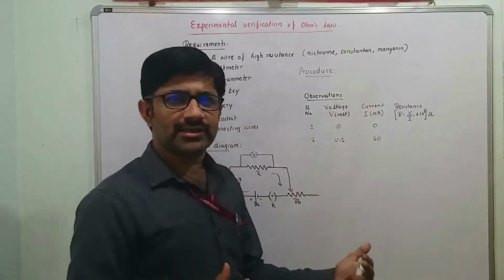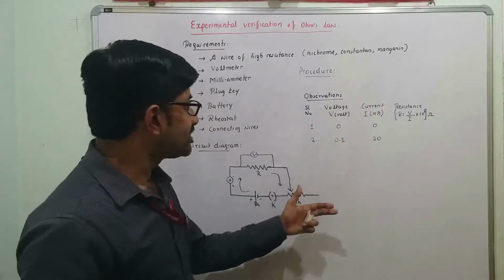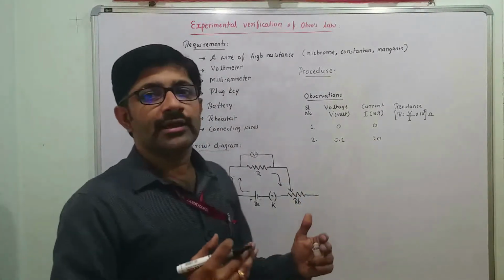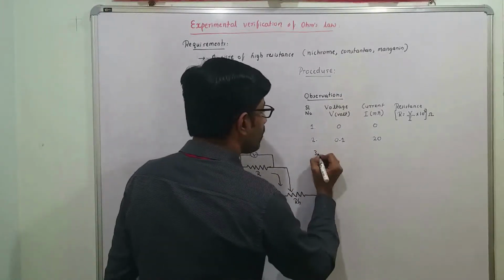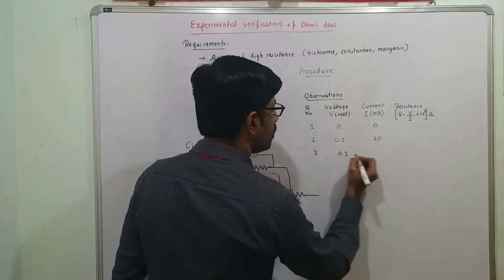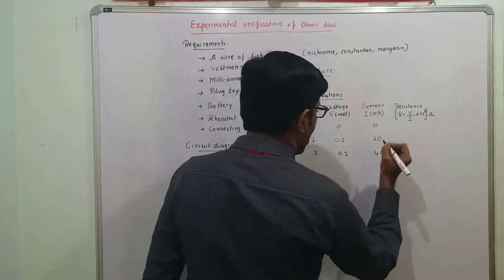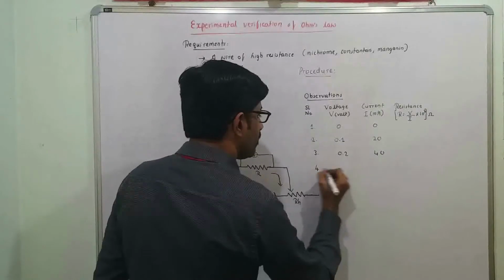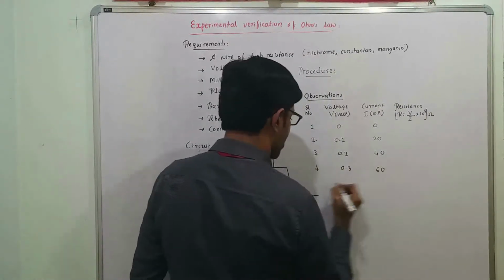Let's imagine that we have the proper observations and hence we are calculating the practical values. Third one, for 0.2 volt, we have 40 milliampere of current. For 0.3 volt, around 60.